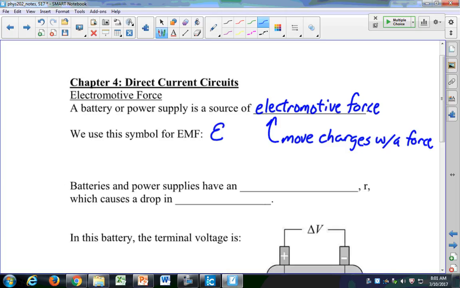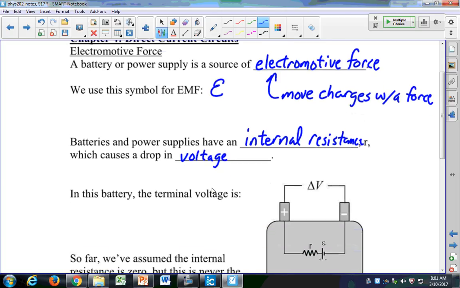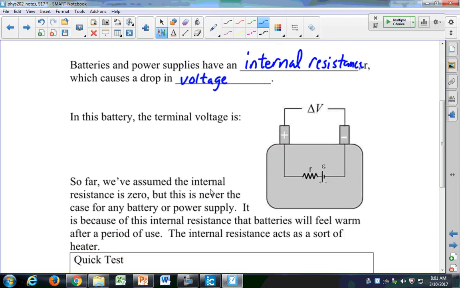Batteries and power supplies also have an internal resistance, R, and this resistance causes a drop in voltage. So for example, in this battery, the big gray thing is a battery, and inside the battery, I have this source of EMF.